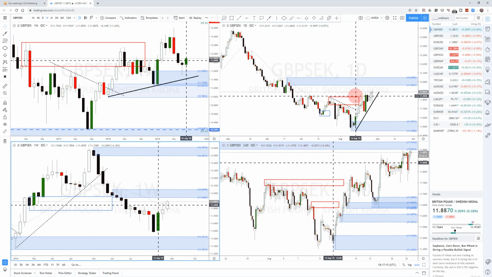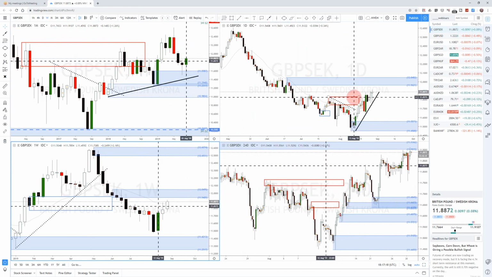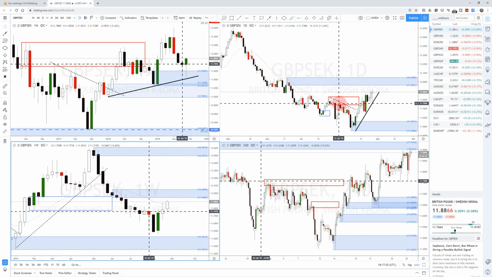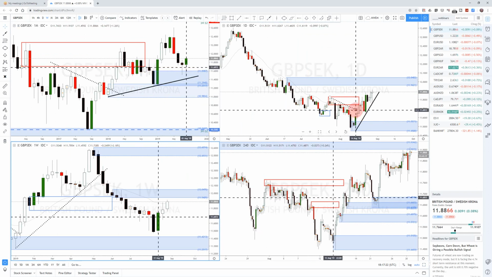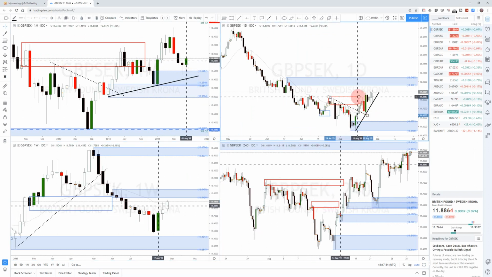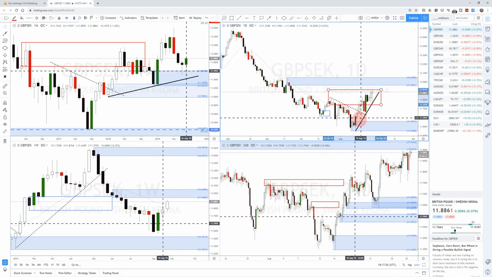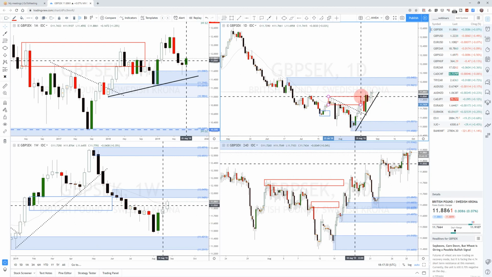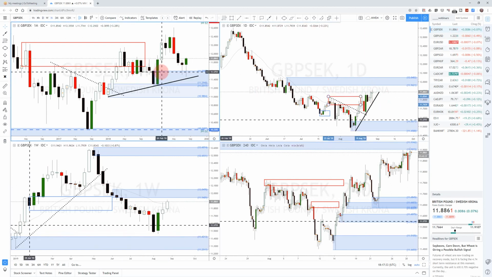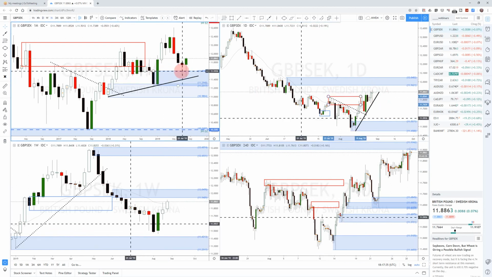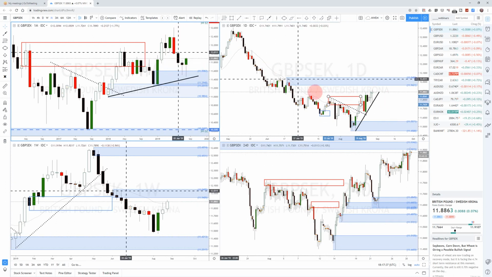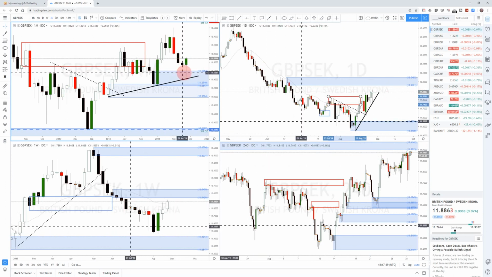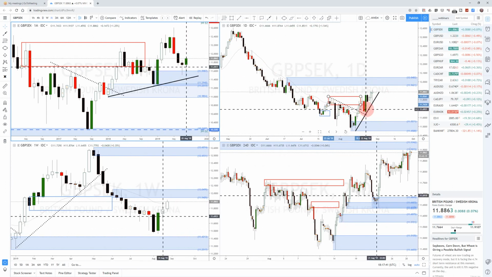In this case, the opposing area of demand was eliminated over there, was tested, weak. But you just need a new level. Imagine that this level was not eliminated, but the level was created there. You don't need the opposing level to be eliminated because the top time frame of your sequence is uptrending, and it is fresh. If it was tested, we need the opposing area eliminated.